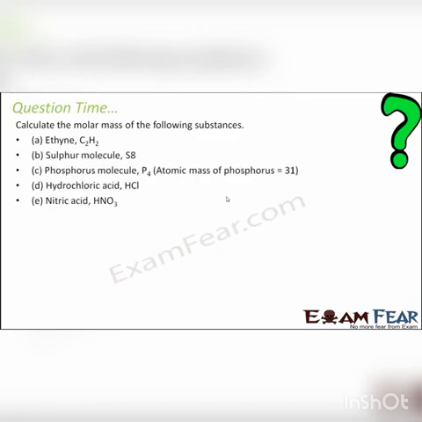So we have to find the molar mass of these compounds. C2H2, 2 carbon, 2 hydrogen. 2 carbon is 2 into 12, 2 hydrogen is 2 into 1, that is 26 gram. Sulfur S8, so 8 into 32, that is 256 gram.